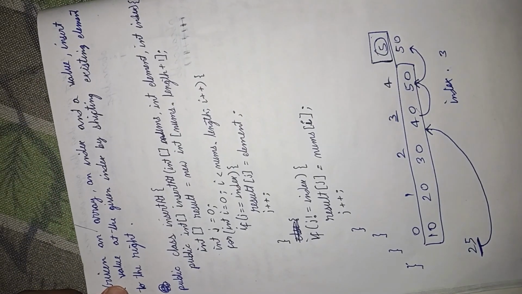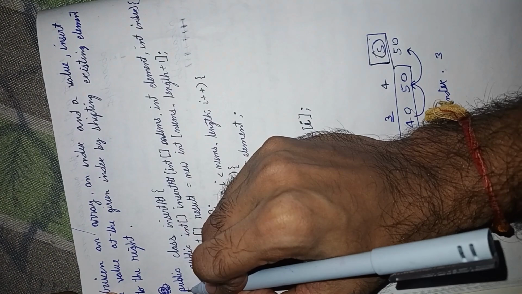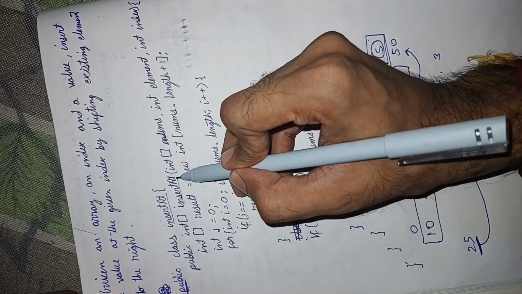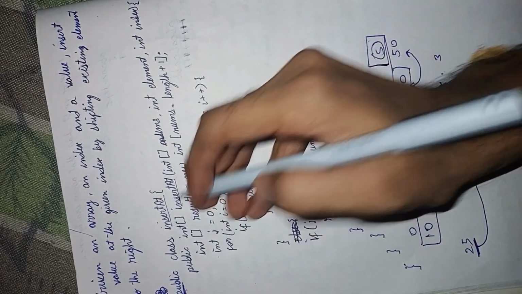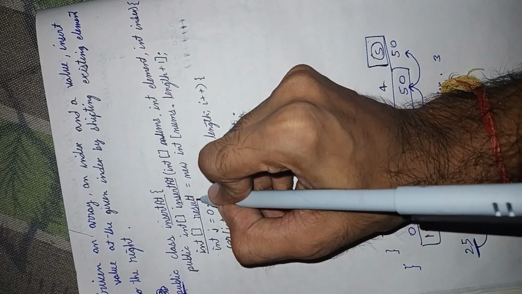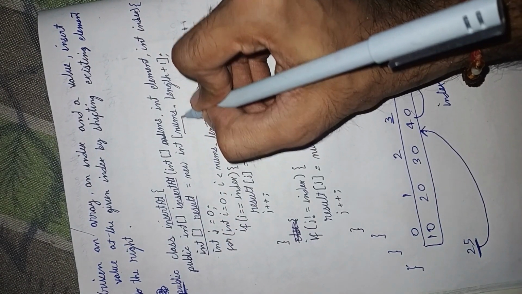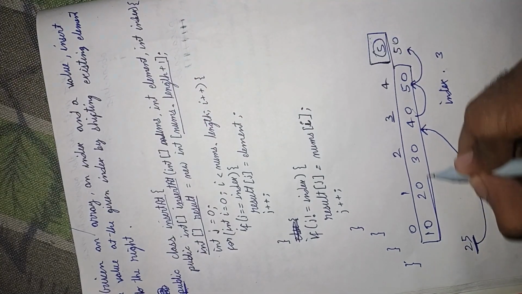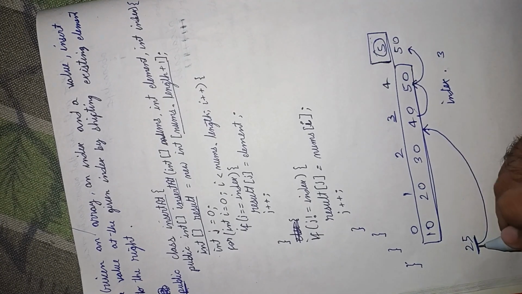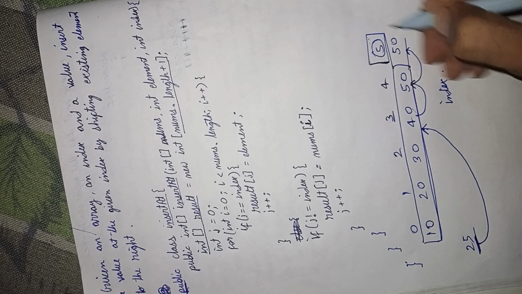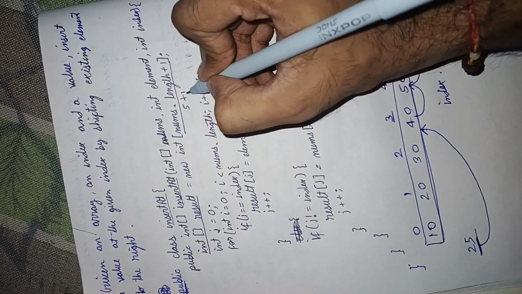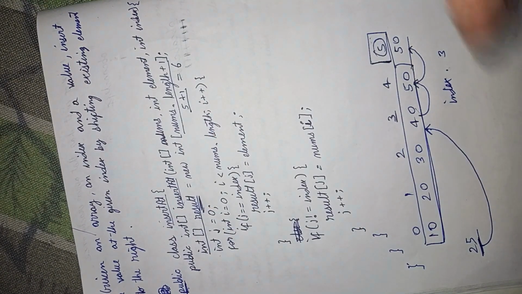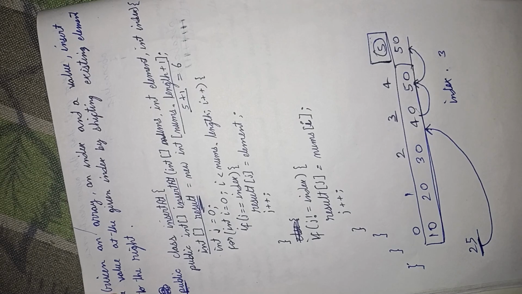So according to the code, we will first create a class InsertAt and a method insertAt. Now we will first create a result array whose size will be 1 greater than the pre-existing array. Like there are 5 elements, but after the addition of 25 there will be 6 elements. So 5 plus 1 equals 6.